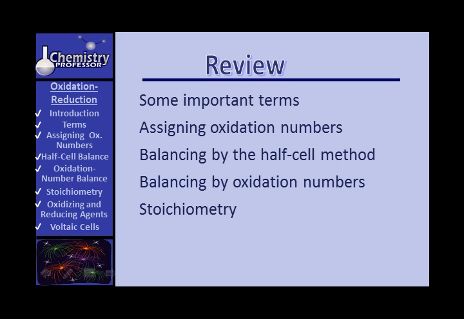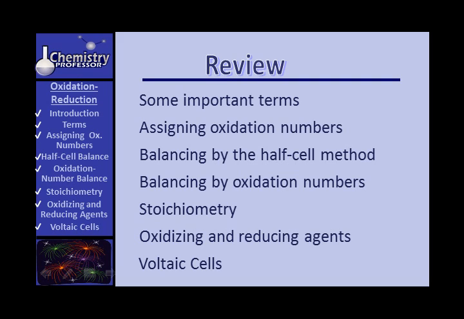We gave some examples of stoichiometry relative to oxidation reduction, and we spent some time talking about oxidizing agents and reducing agents, and what kinds of compounds or elements or ions could be each of these. And we wrapped up on the all-important topic of voltaic cells.